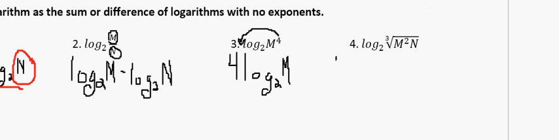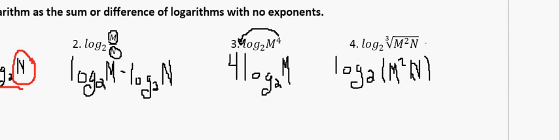So what I'm going to do is I'm going to go ahead and change the cube root to an exponent. So I'm going to add a set of parentheses here just to make things neat and clear and to understand that this exponent is going to apply to this total argument of m squared n.